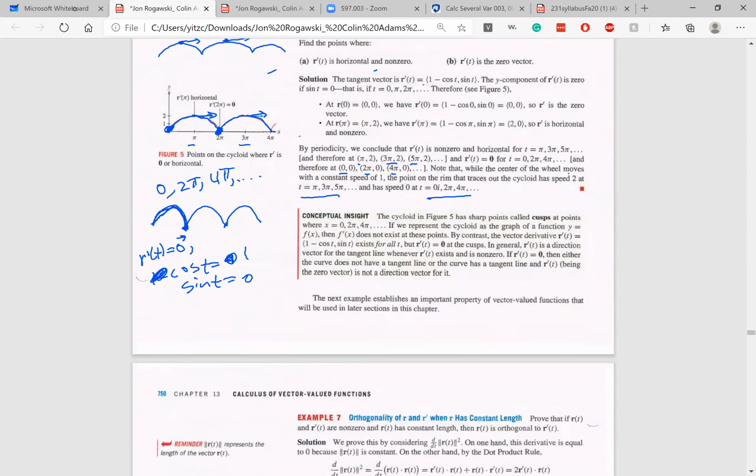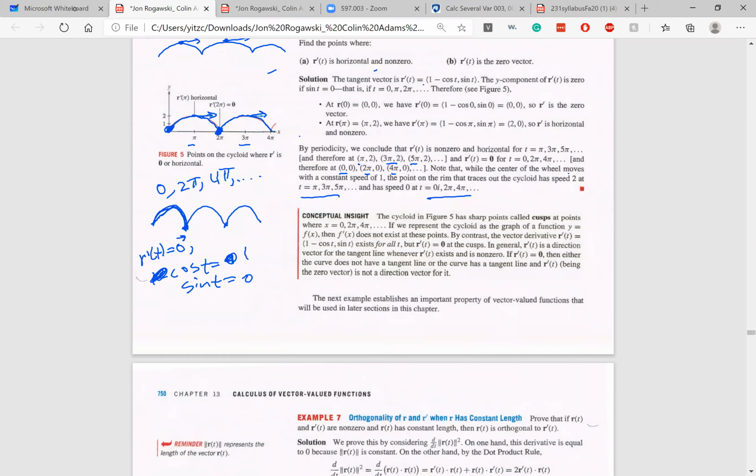And then, yeah, conceptual insight. They have sharp points called cusps at these points, like we pointed out. And if we represented this thing as a graph, so like a curve, then the derivative will not exist at those points. But if we look at the parameterized curve and we take that derivative, then that exists for all t.